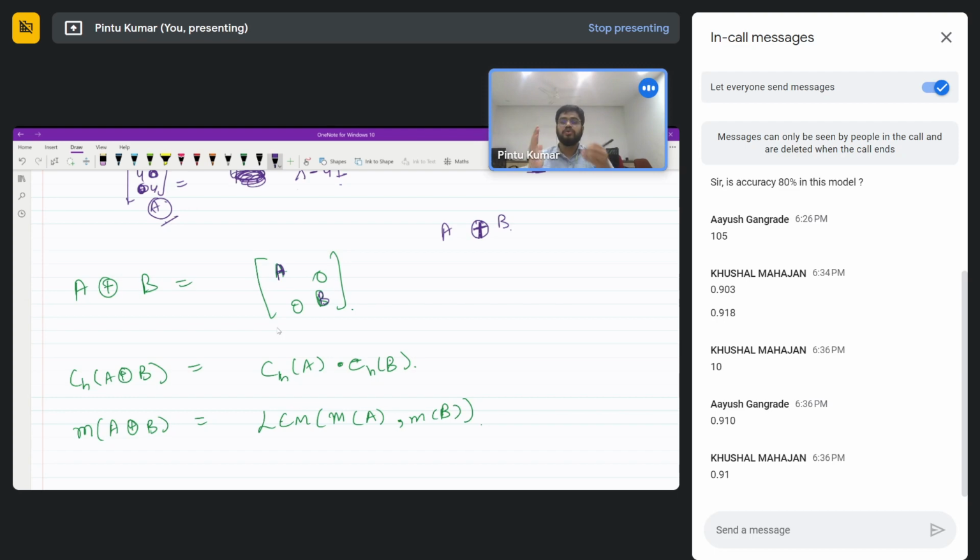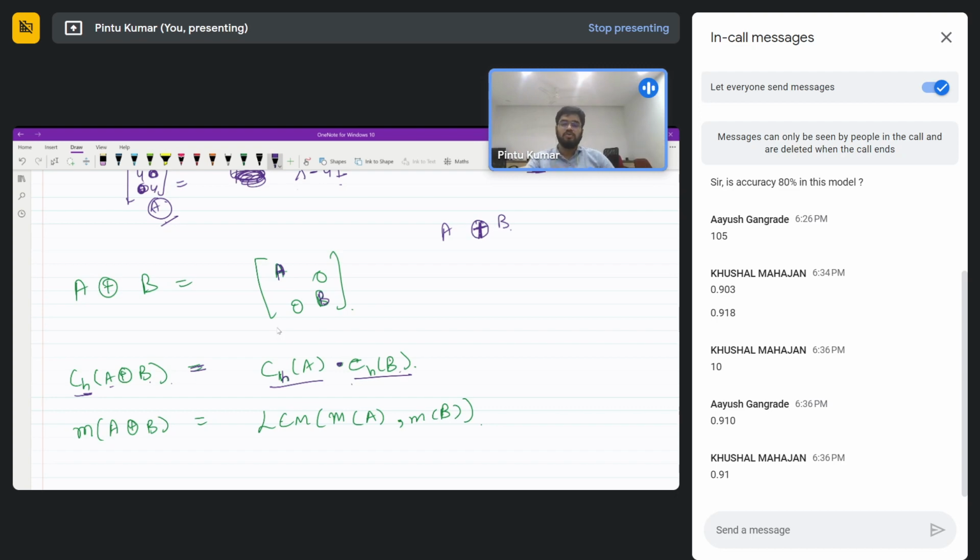If you have calculated A direct sum B, then the characteristic polynomial of A direct sum B is simply the characteristic polynomial of A multiplied by the characteristic polynomial of B. So if you are given the characteristic polynomials of A and B, you just need to multiply them.